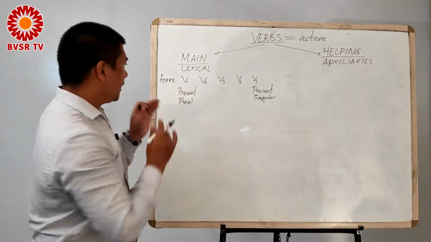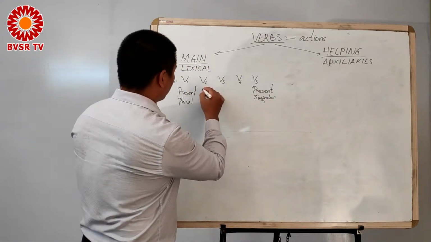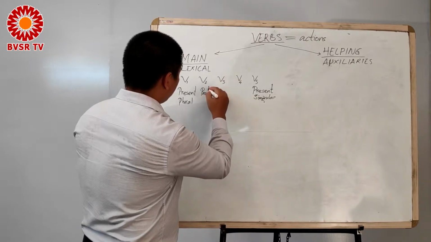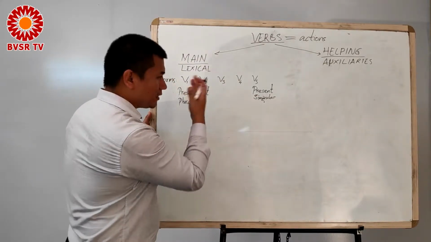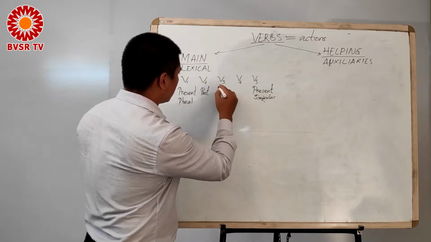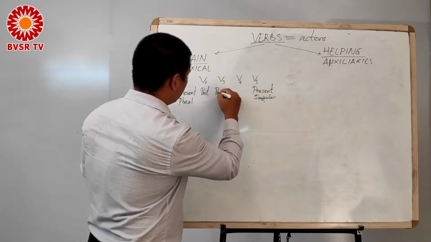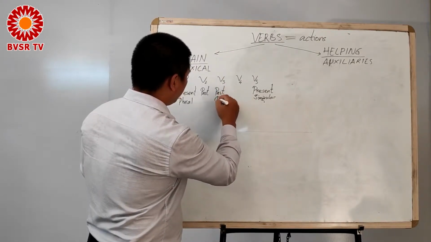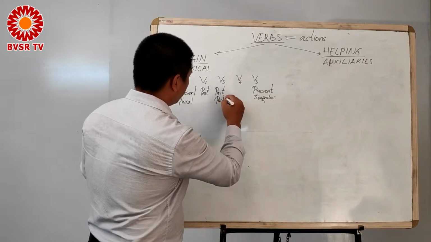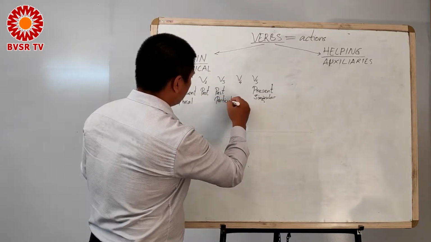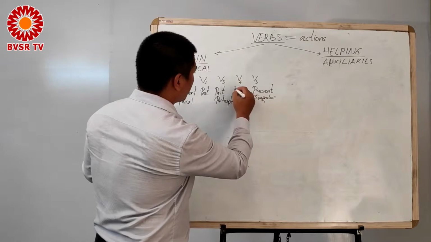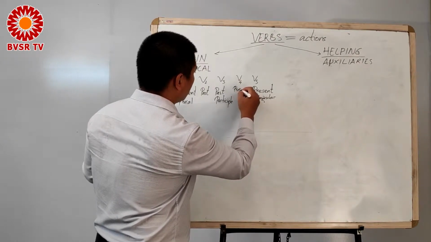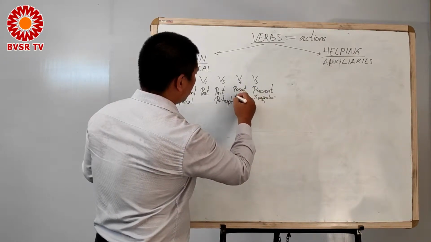So it's clear. And now let's go to V2. V2 is the past, the simple past. And V3 is the past participle. And V4 is the present participle.